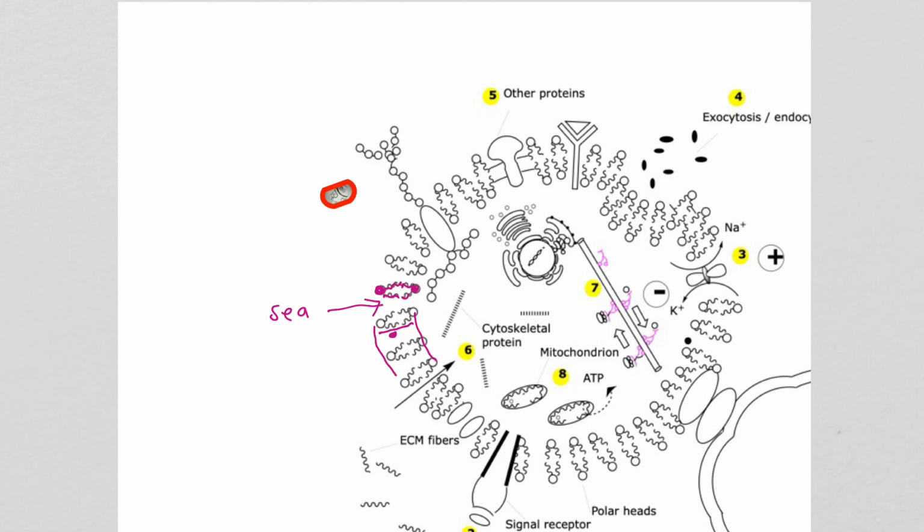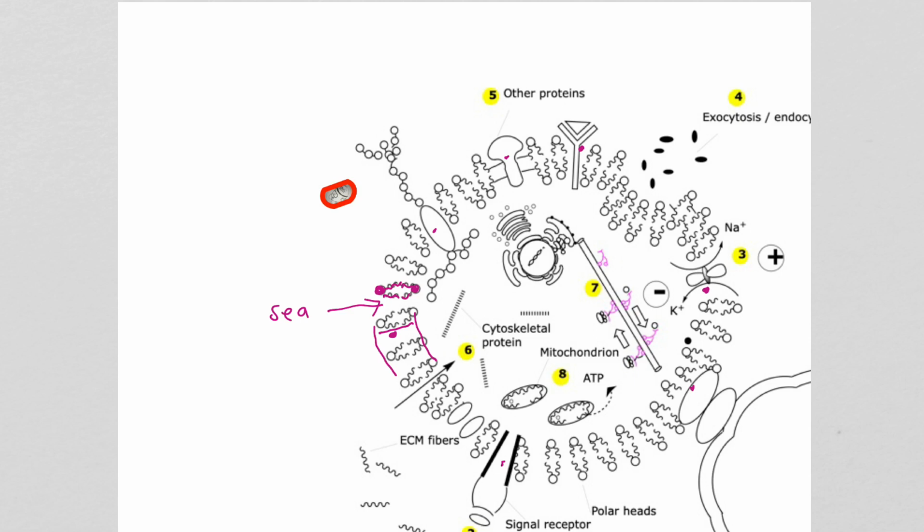Okay. And then you have all kinds of proteins. Here's a protein, there's a protein, here's a protein. All kinds of proteins on the plasma membrane. So basically the plasma membrane is a sea of lipid heads and tails with proteins embedded in them.